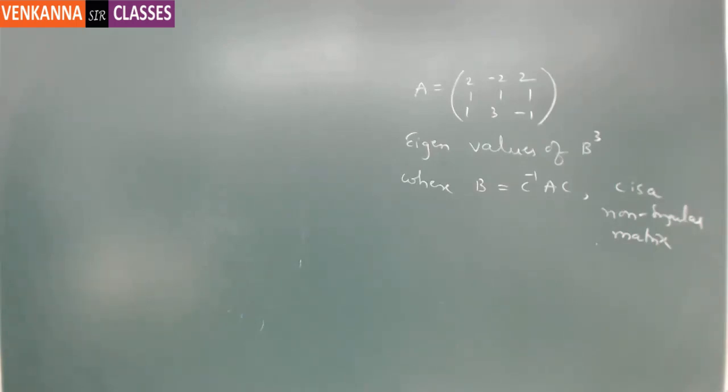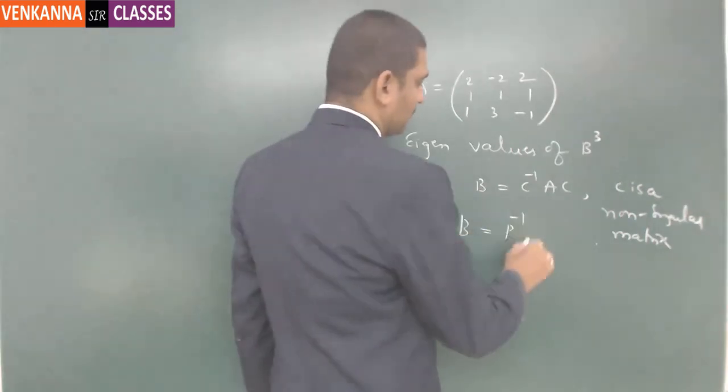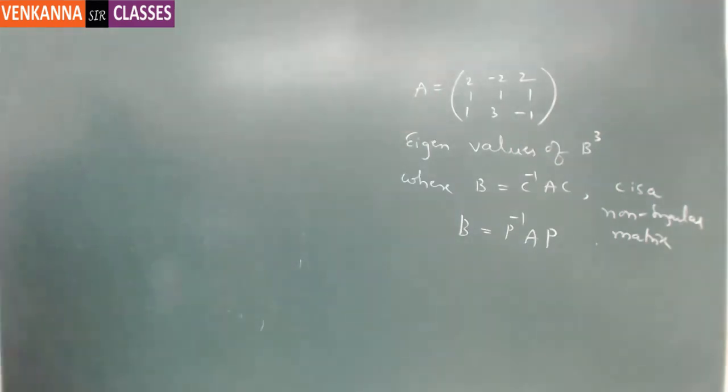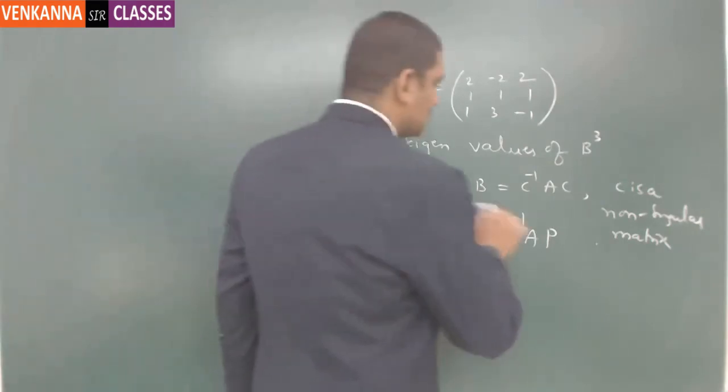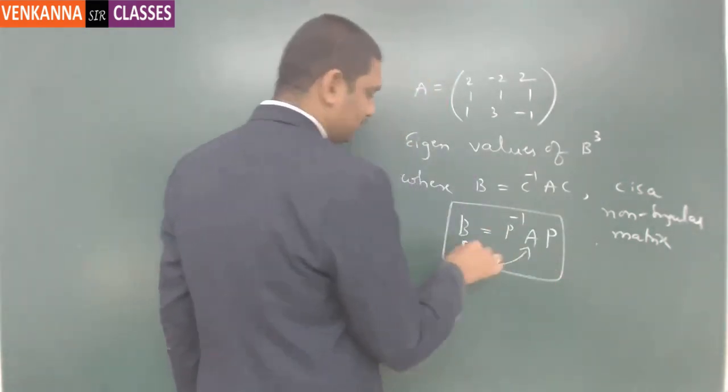Any idea for anybody over this? Exactly. Here C is equal to P. Whenever you have a relation like this, what can you say about these two?